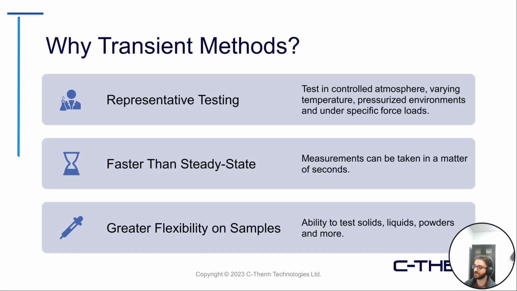And if you're in the R&D phase of material development, sometimes it's not always feasible to create these large samples needed for those type of measurements. So with these transient techniques, you can get away with samples that are a few millimeters in diameter. They can be solid, liquid, testing powders, pastes, quite flexible in that regard.